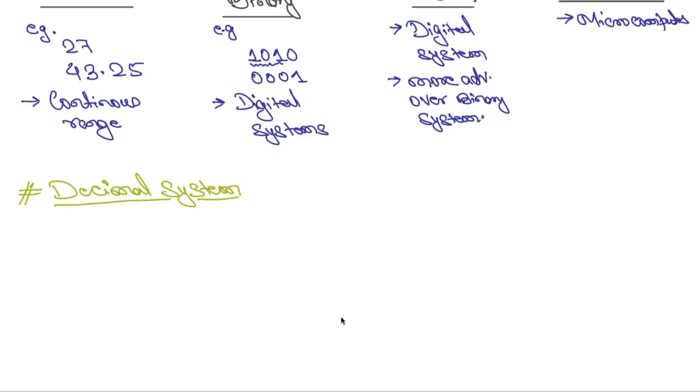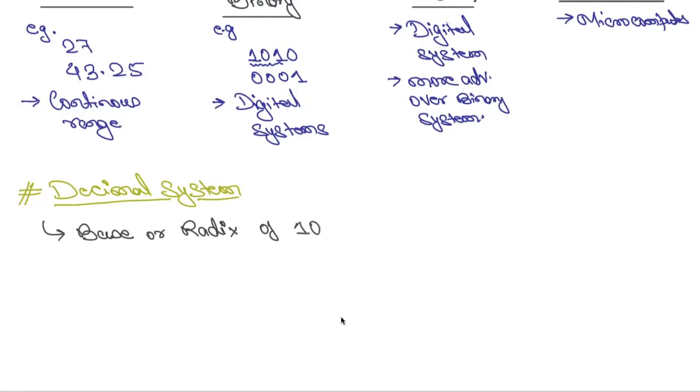Why decimal? What does decimal mean? It basically means that it has a base, right? It has a base or radix. It has a base or radix of how many numbers? 10.